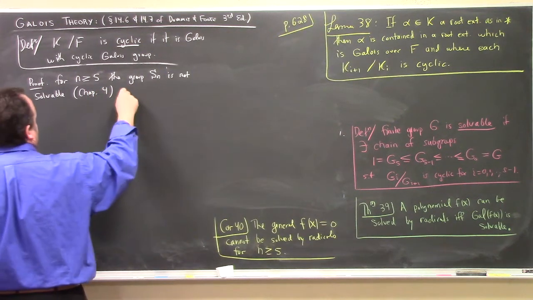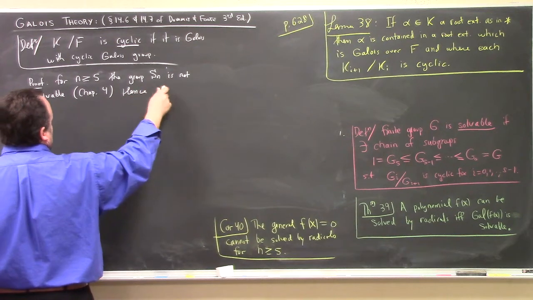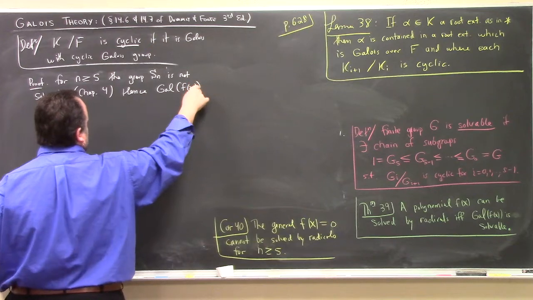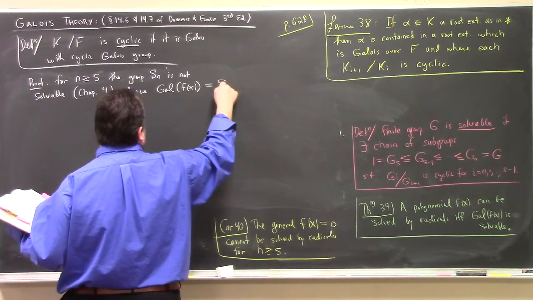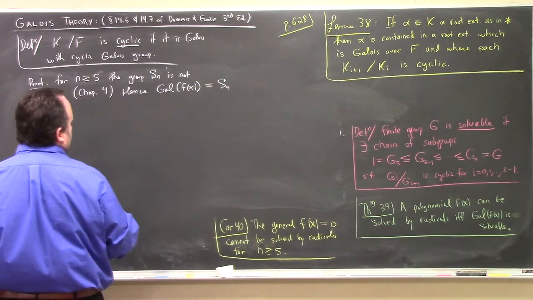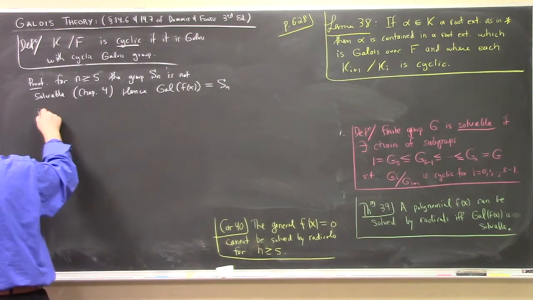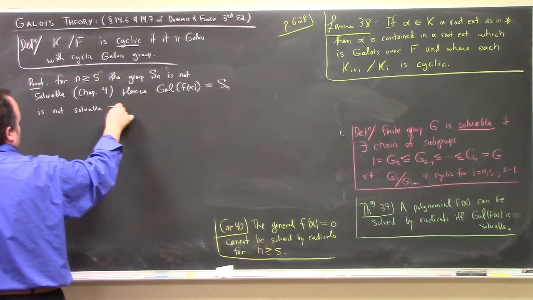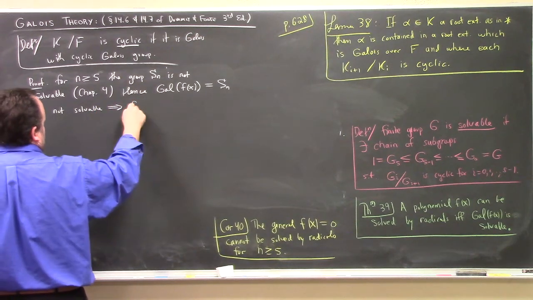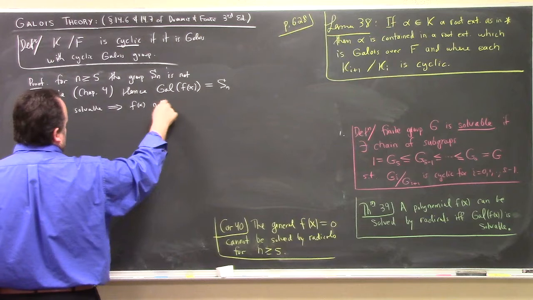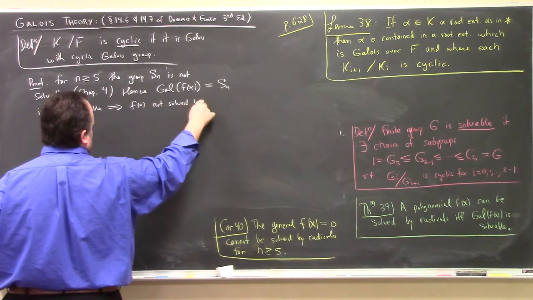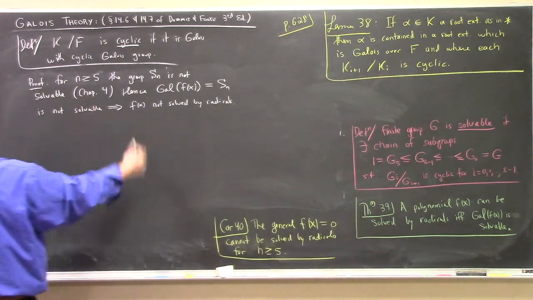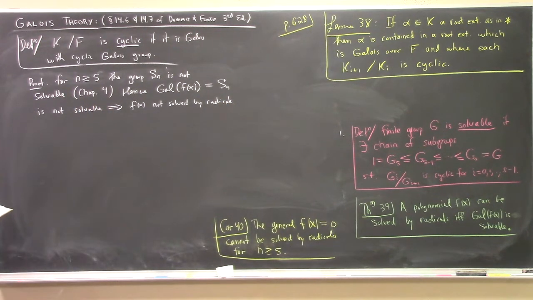And hence, remember the Galois group of the general polynomial was Sn, right? It's not solvable. Which then, of course, says that f of x is not solved by radicals, right? And the f of x I'm talking about right now is that general f of x we talked about at the start of today.